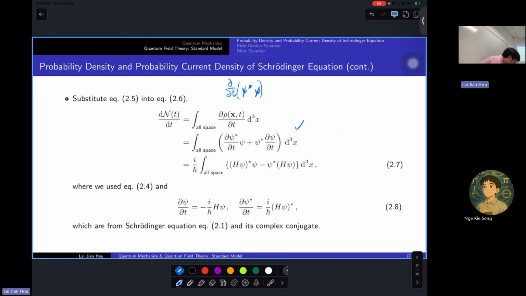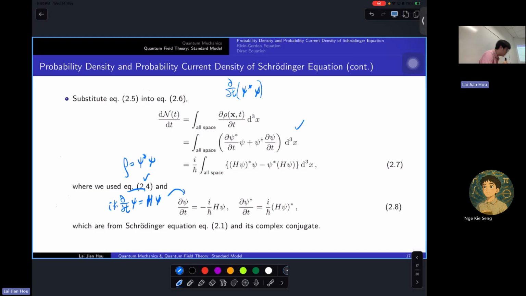We are using equation 2.4 with rho equal to this, and also the Schrodinger equation from 2.1: i h bar partial psi over partial t equals the Hamiltonian acting on psi.